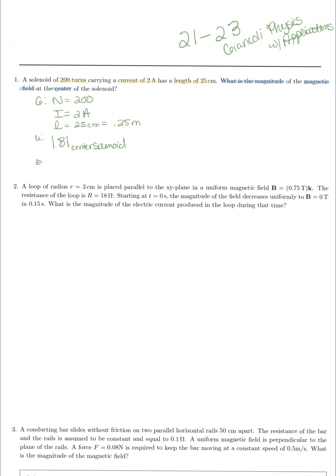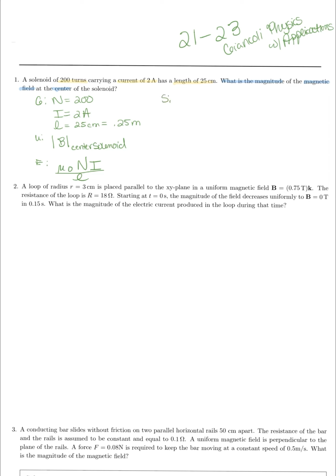Okay, well, we have an equation for this, and our equation is mu naught times N, or we can say big N, times I, divided by L, gives us B at the center of the solenoid. So all we have to do then is sub in our values here.